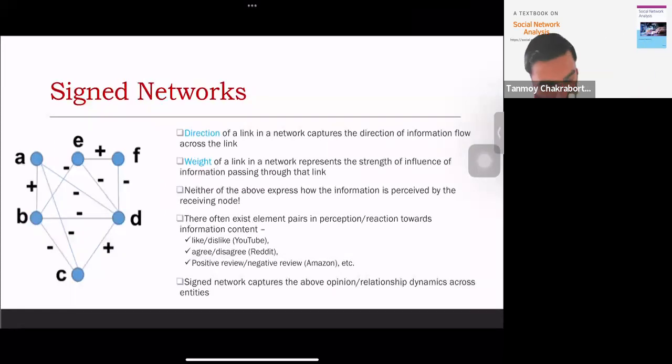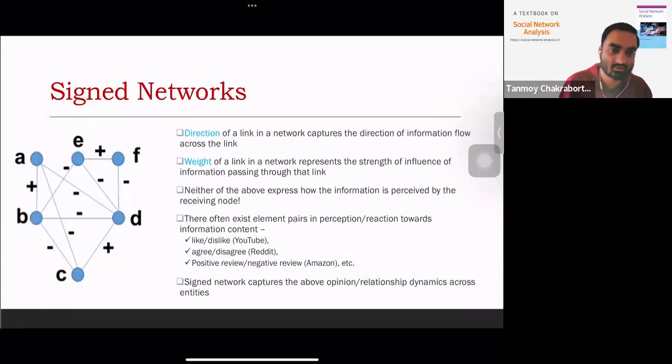So let's start with a new notion of network called a signed network. We discussed in the first lecture that in a signed network, edges are associated with signs. The signs are generally of two types: positive and negative. A positive sign indicates that two nodes are friends of each other, whereas a negative link indicates that they are enemies.